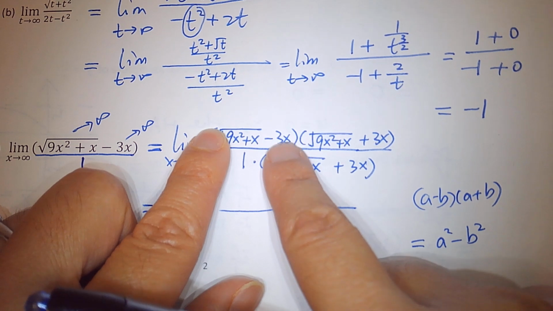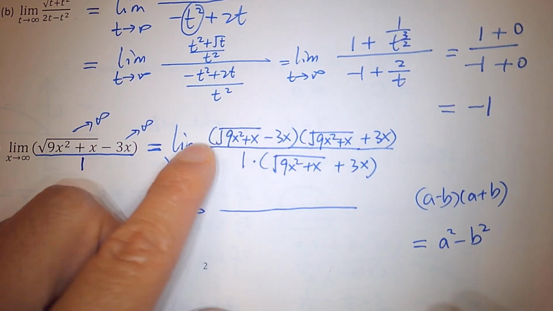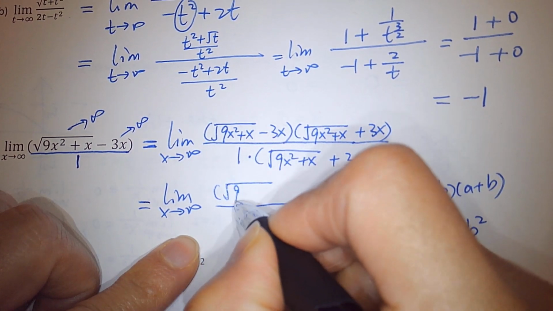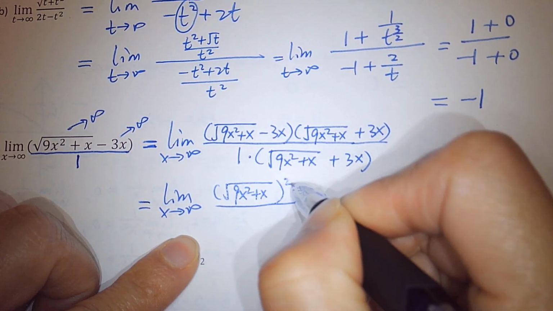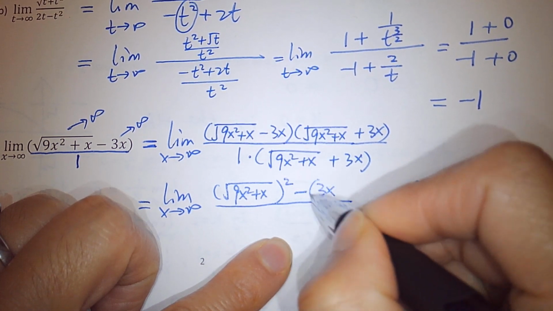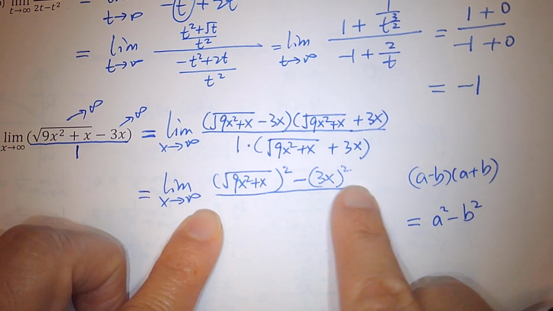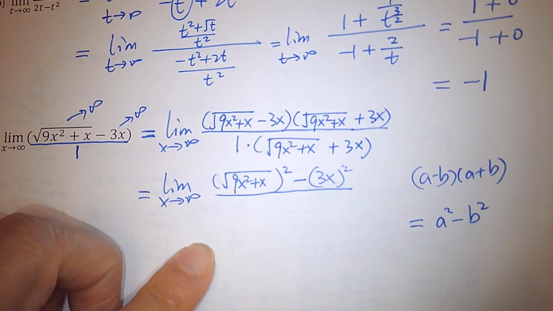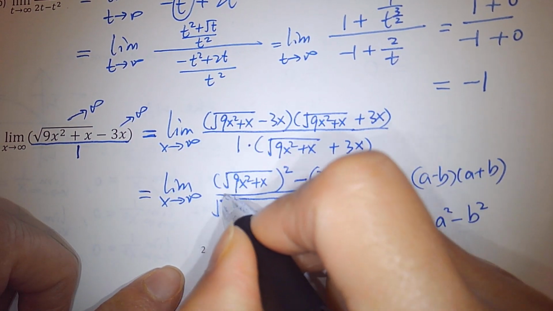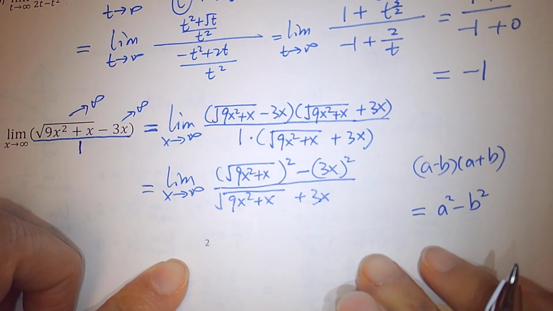So a minus b times a plus b equals a squared. What is a squared? Square root of 9x squared plus x, squared, right? Minus b squared. What is b? 3x squared. Well, on the bottom, we will still have square root of 9x squared plus x plus 3x.